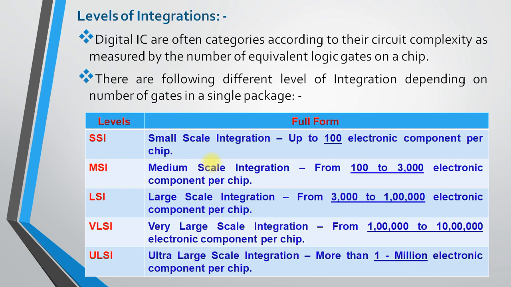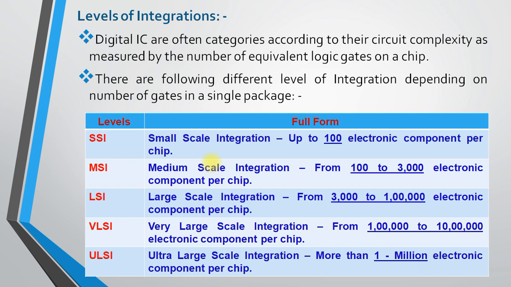So how many logic gates you want to insert per chip, based on that you can select the level of integration. There are the following different levels of integration depending on the number of gates in a single package. Single package means on a single chip.